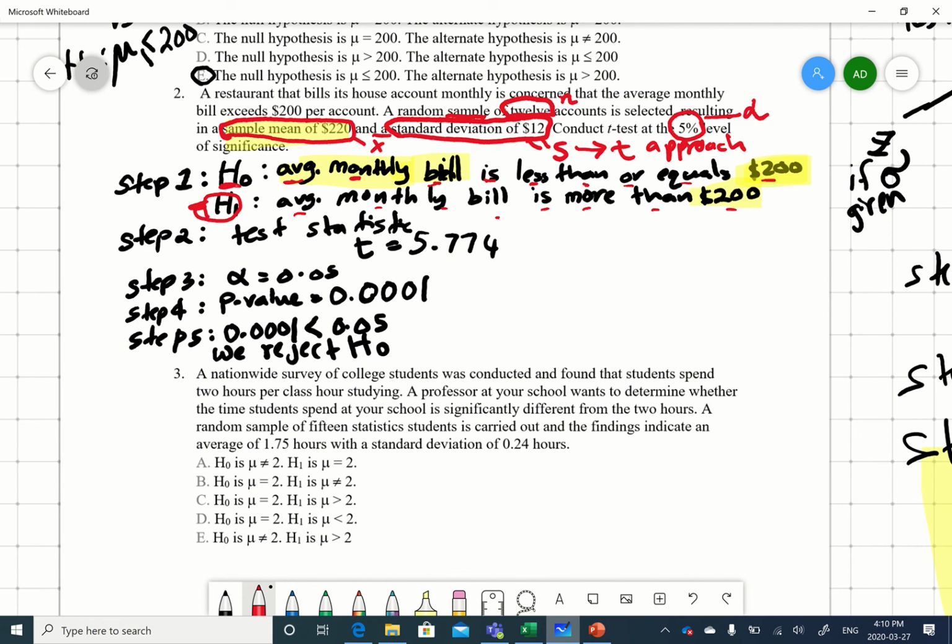So now the last part, the interpretation part. So we made this conclusion based on the sample we had. So we have to make sure we mention that.